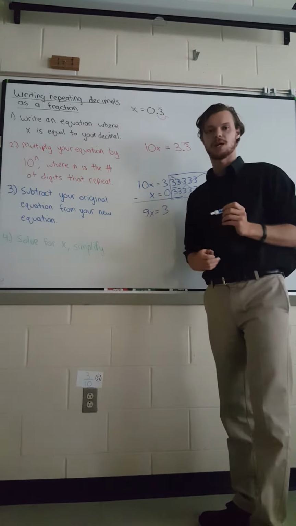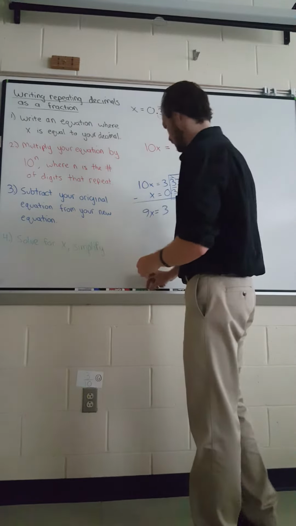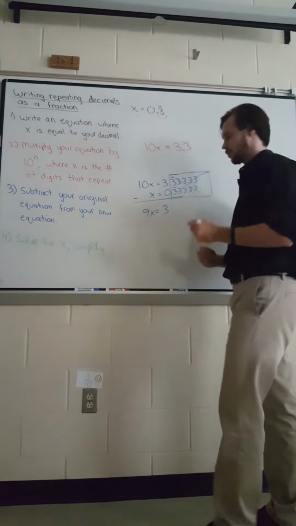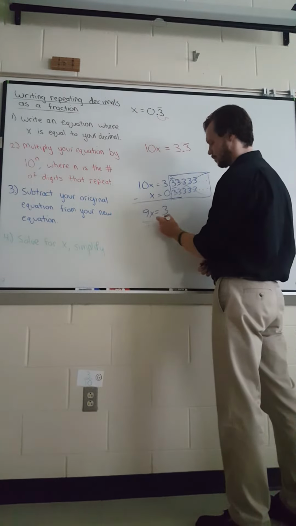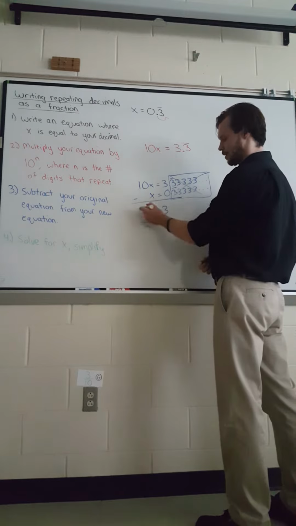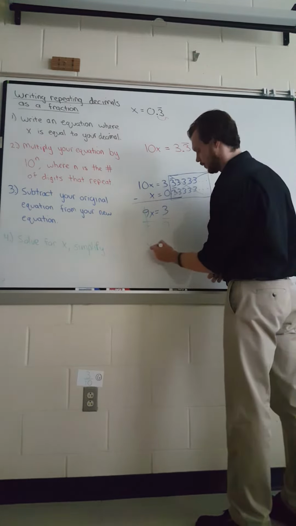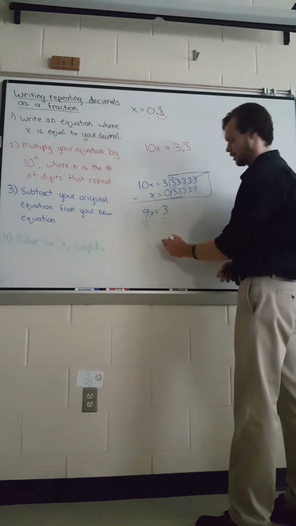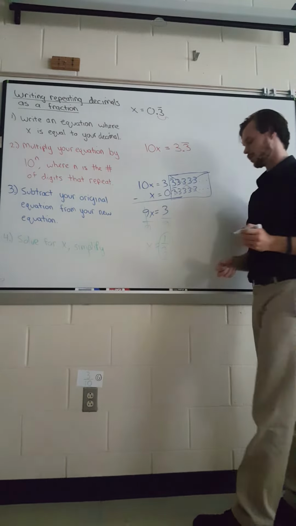We have the equation 9x equals 3. That brings us to our last step. Solve for x and simplify. I'll do that in green. In order to solve for x, all we have to do is divide both sides by 9. We have x is equal to the fraction 3/9, which we reduce, we get 1/3. Done.